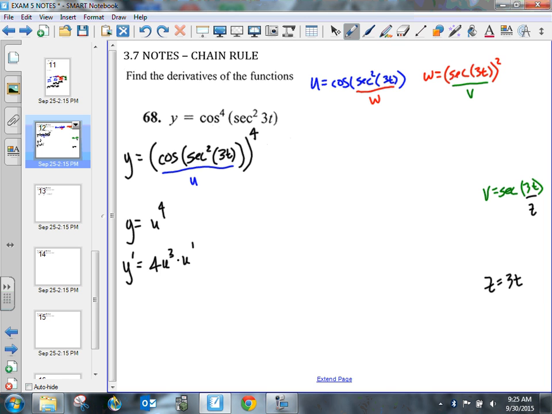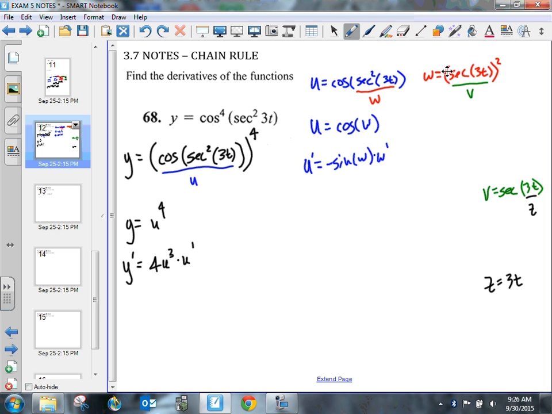Now I'm going to rewrite my u in terms of W. So u is equal to cosine of W. If I take the derivative here, u prime, I get negative sine of W, and then I multiply by W prime.